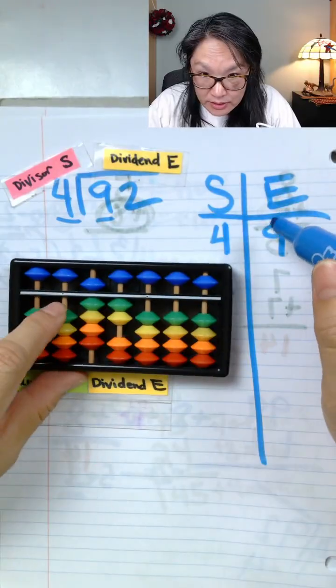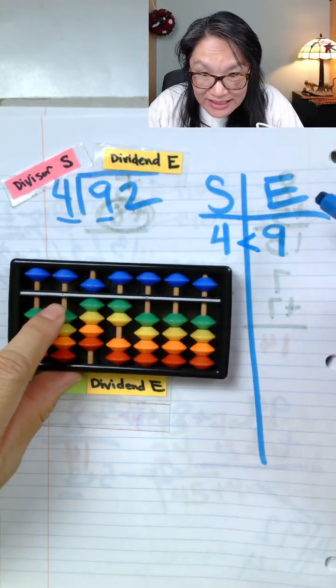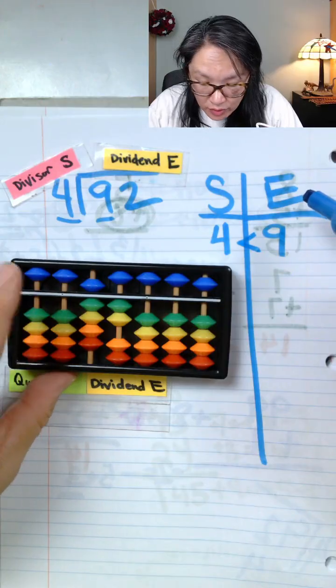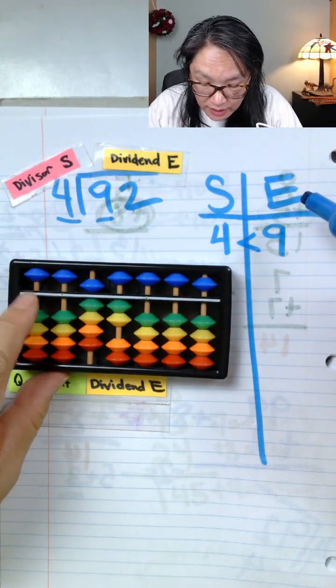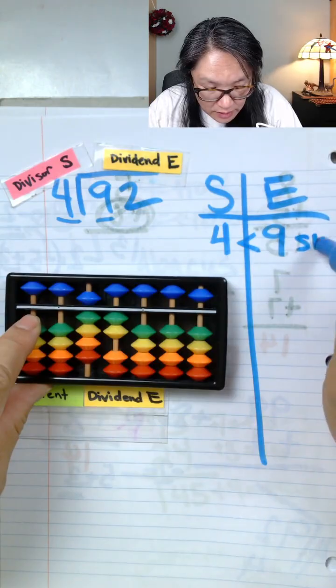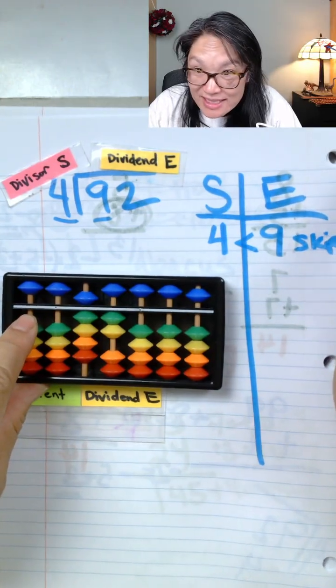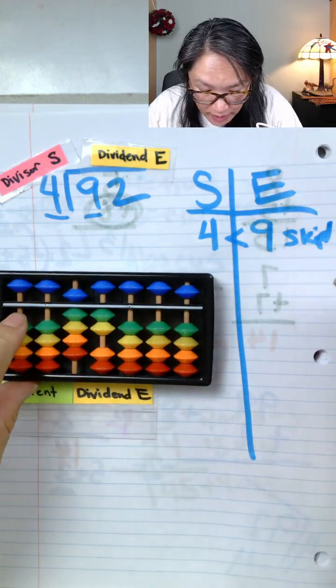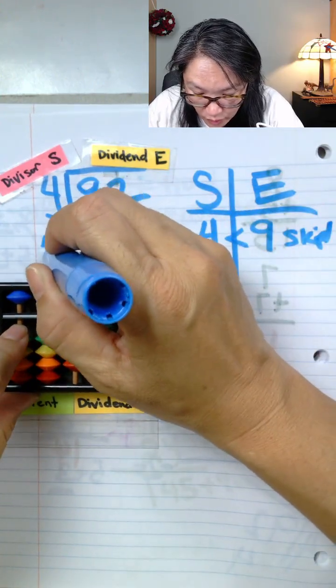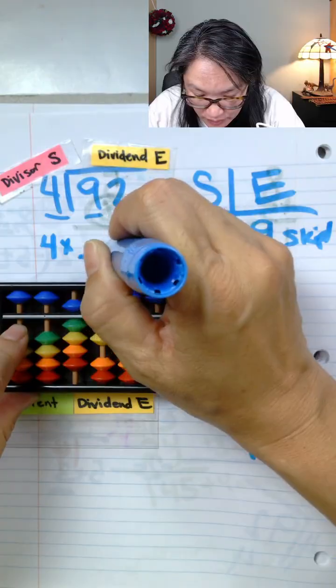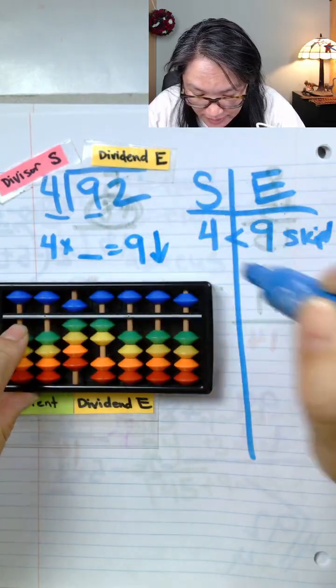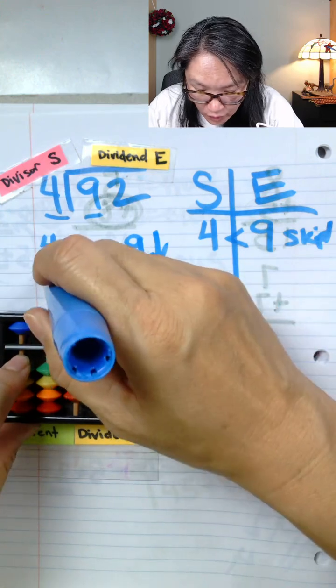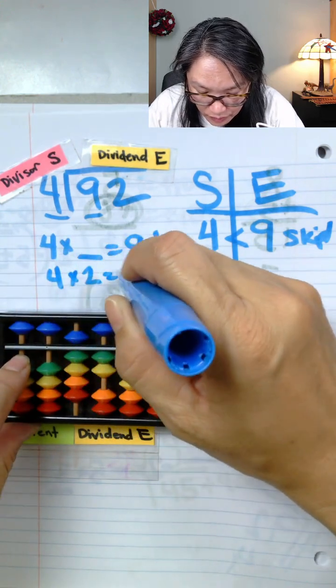Our dividend is bigger. So we know that we're going to skip 1. That's just one of the things that we got to do. We got to skip it. We know 4 times what is equal to 9 or less. We know 4 times 2 is equal to 8.